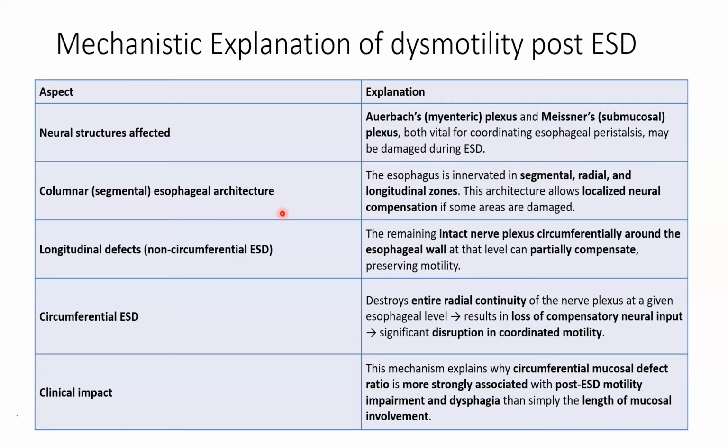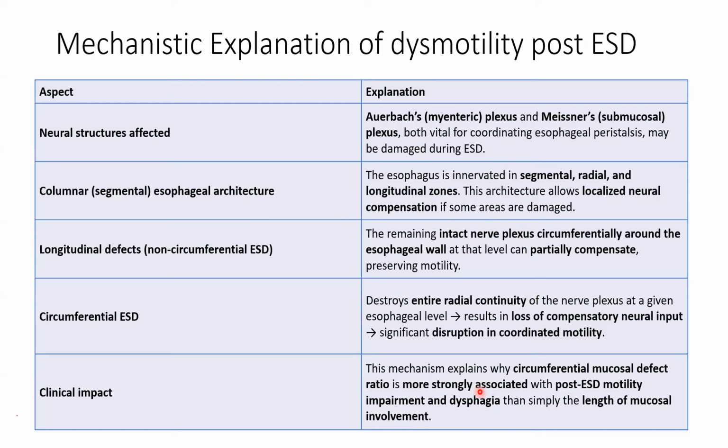Secondly, the esophagus has segmental peristalsis. You will not have the full esophagus contracting together. It is segmental: one part contracts, then the lower part relaxes, again contraction, and so it moves the food down. So this will tell you that if you're doing it in a mid zone, you will definitely damage something.